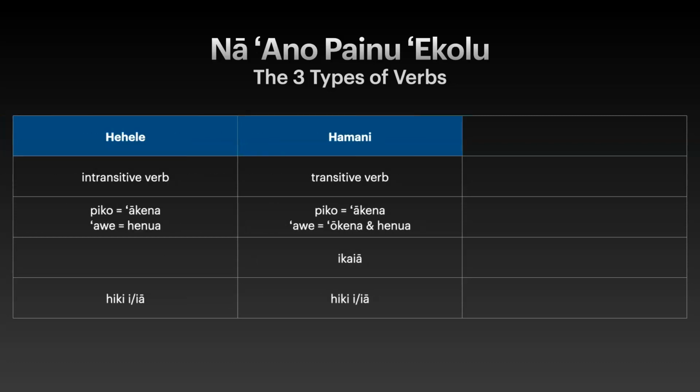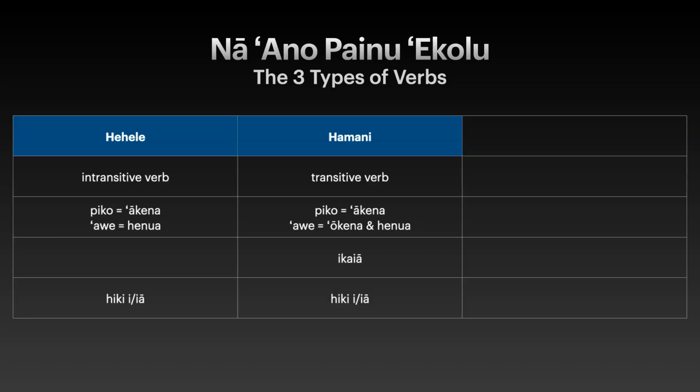Then we have a hamani. Hamani are transitive verbs. The piko in a regular pepeke painu is going to be the ʻAkena again, the one that's doing the action. And this time, if we have an ʻAwe, the first one is usually the ʻOkena, or whatever is receiving the action, because hamani verbs, transitive verbs, transfer the action and affect something else.